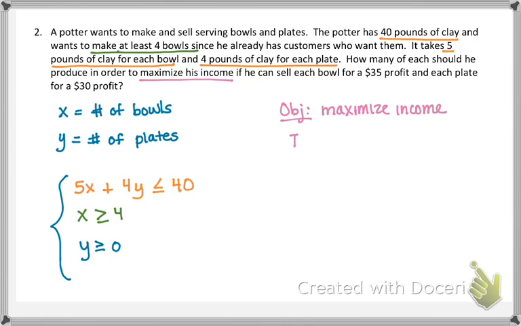So in function notation, I'm going to call I for income. The function for income depends on x and y, and it can be calculated by, looks like he's going to make $35 for each bowl and $30 for each plate. So that would be 35x plus 30y.